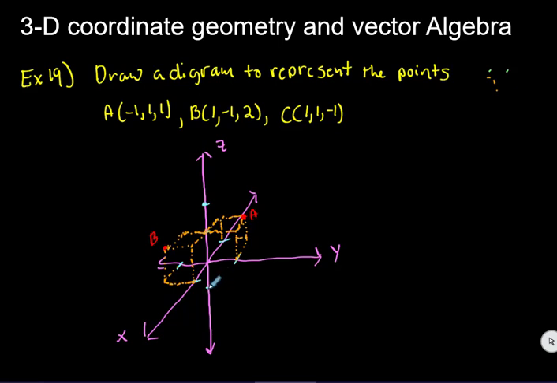Good. Now let's try to draw this point right here. You can kind of see where that's at, and you've got that box, and right there's the point. So right here is my point C.